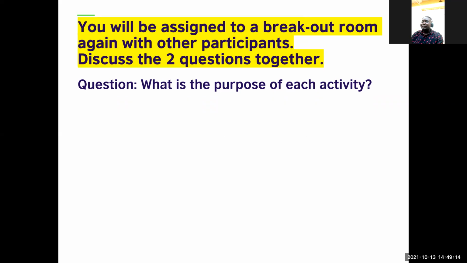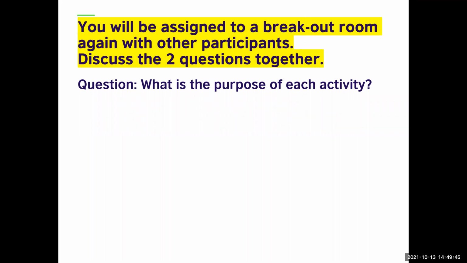What is the purpose of each activity? So you can say, warm-up, the purpose is this one. Group work, the purpose is this one. So go into your room and discuss this one question in 3 minutes' time. Is that clear? Yeah, people are joining the breakout rooms now.